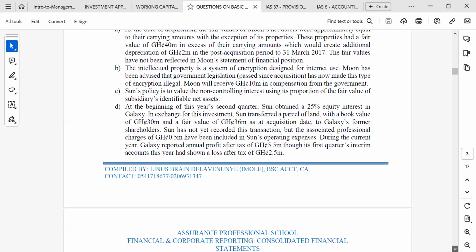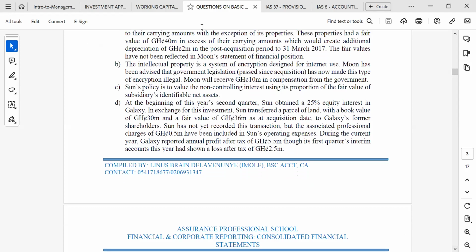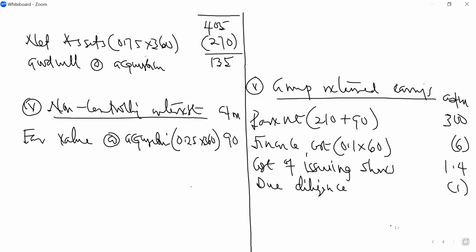So let's come to the D. At the beginning of this year's second quarter, Sun obtained a 25% equity interest in Galaxy. So what is that? Investment in associates. So after that, you just have to go and create a space for investment in associates.